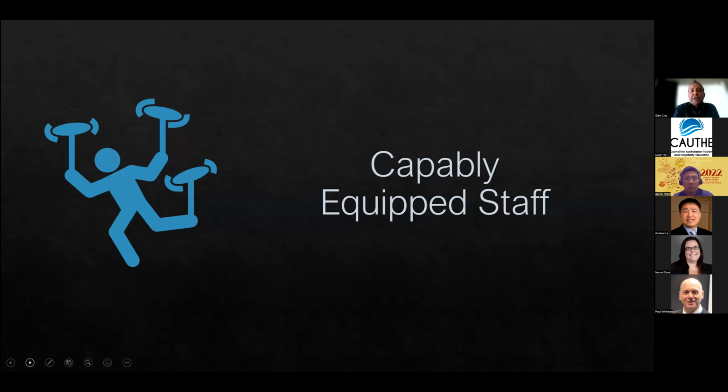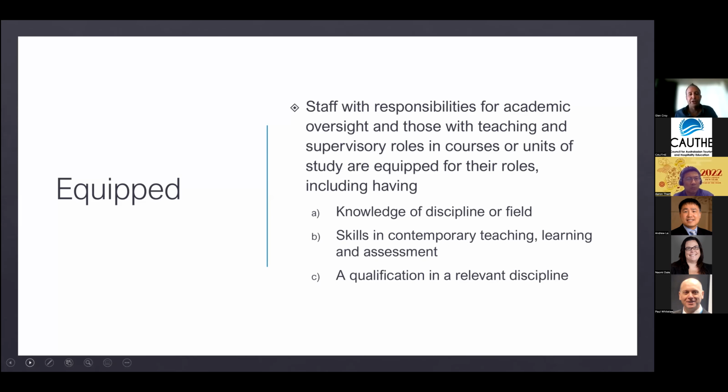So what we're talking about in capability is the equipped staff members, and I want to delve more into this within the standards. What does equipped mean?